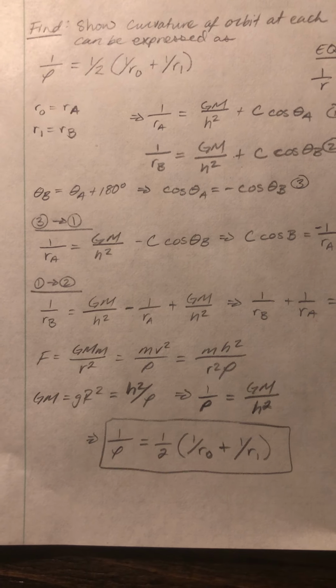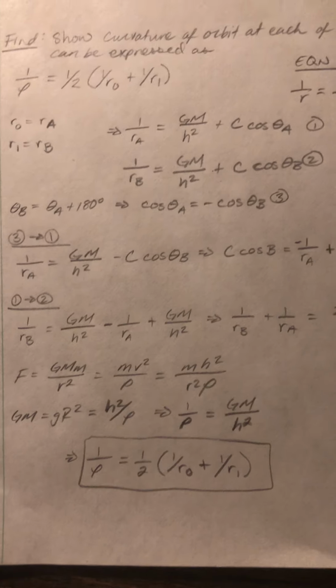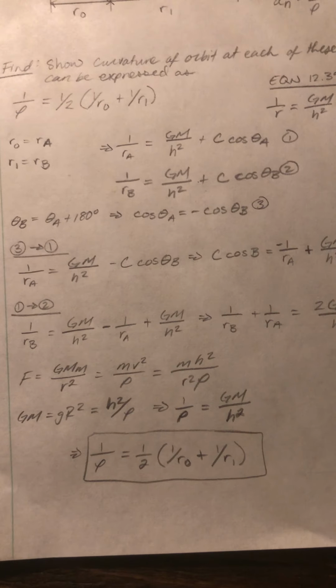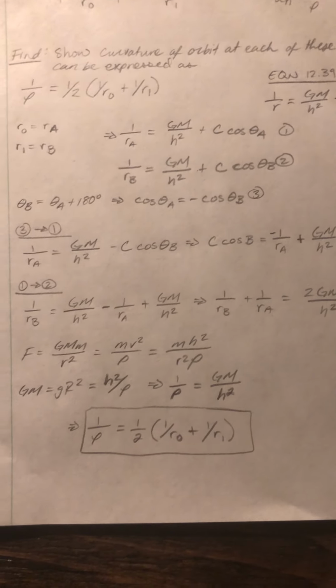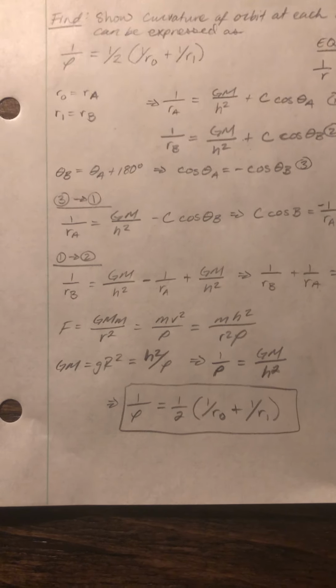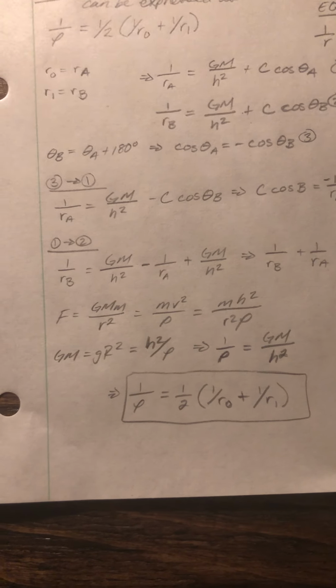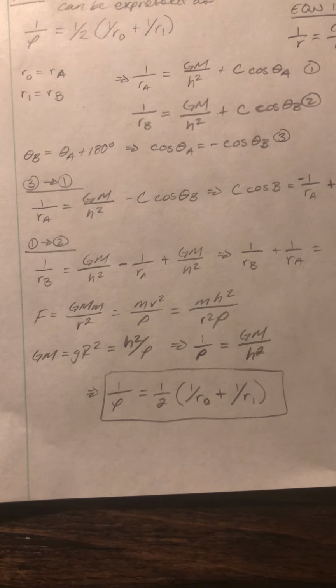Using our force equation and manipulating that, and also what we know, we're able to find that the force is equal to m times h squared over r squared rho.